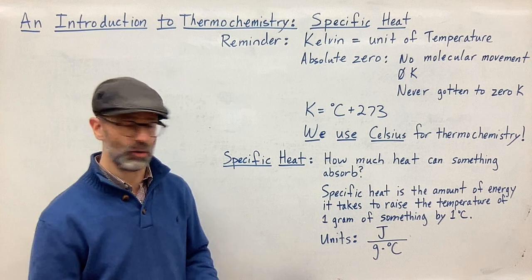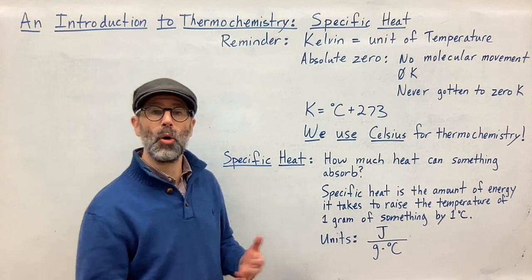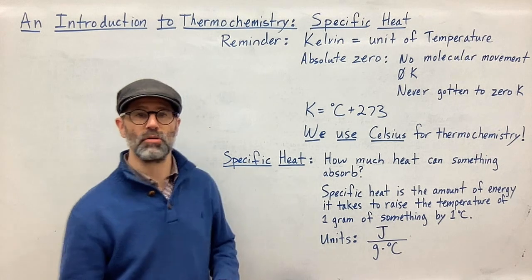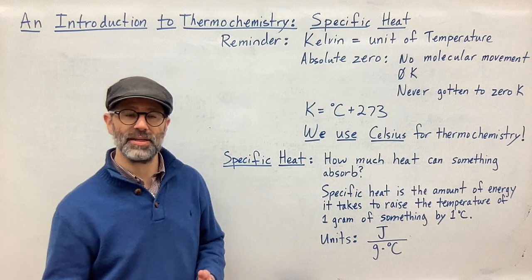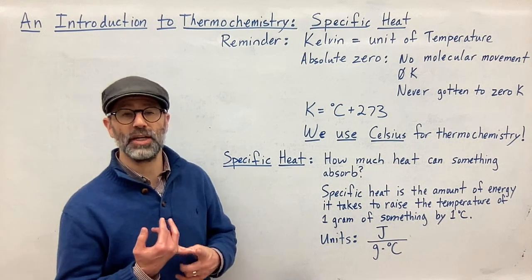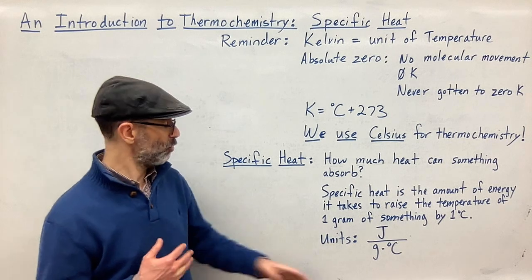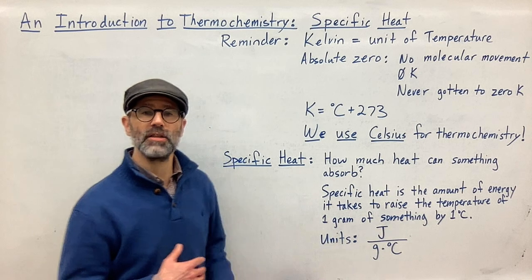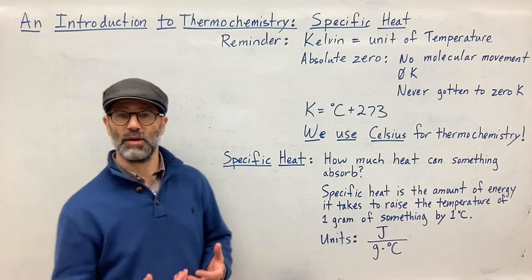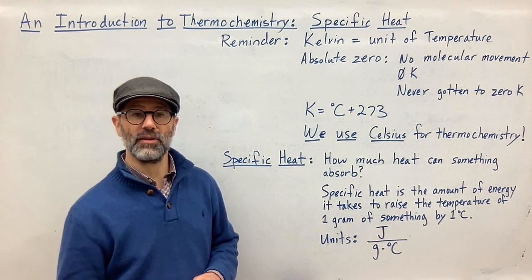For example, if I want to know how much energy was absorbed by a certain substance, and I know the mass of it, and I know the temperature change, then I can use the specific heat to find the amount of energy that was absorbed or lost by the substance.